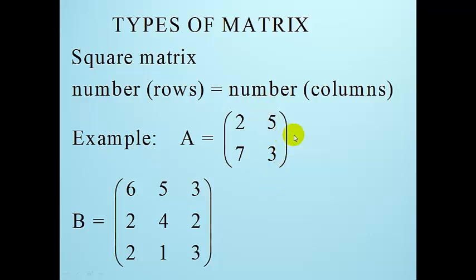So it's a 2 by 2 matrix. That's a square matrix. Now the matrix B, we have the first row, second row, the third row. Then we have column 1, column 2, column 3. So we have 3 rows, we have 3 columns. So this is a 3 by 3 matrix, and that's a square matrix.